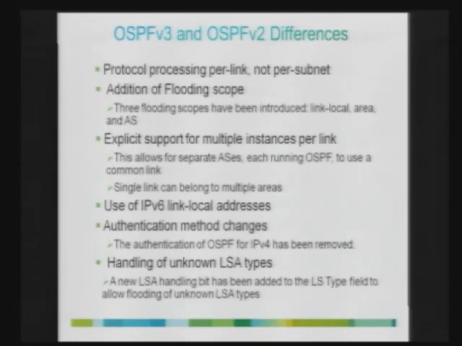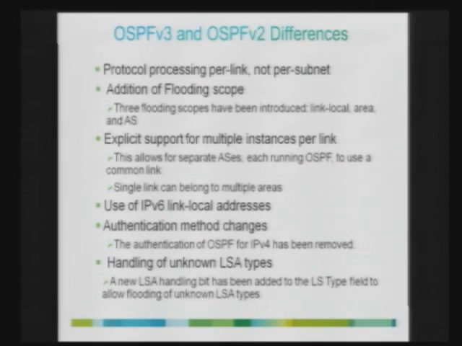And OSPF uses IPv6 link local addresses, multicast and unicast addresses in the hello messages and other OSPF messages. And another key change is the authentication method. We know that OSPF version 2 supports authentication, but because in IPv6 we have authentication support by means of the extension headers for IPsec, the authentication header and encapsulation security payload headers, you don't need to have additional authentication support at the OSPF level.